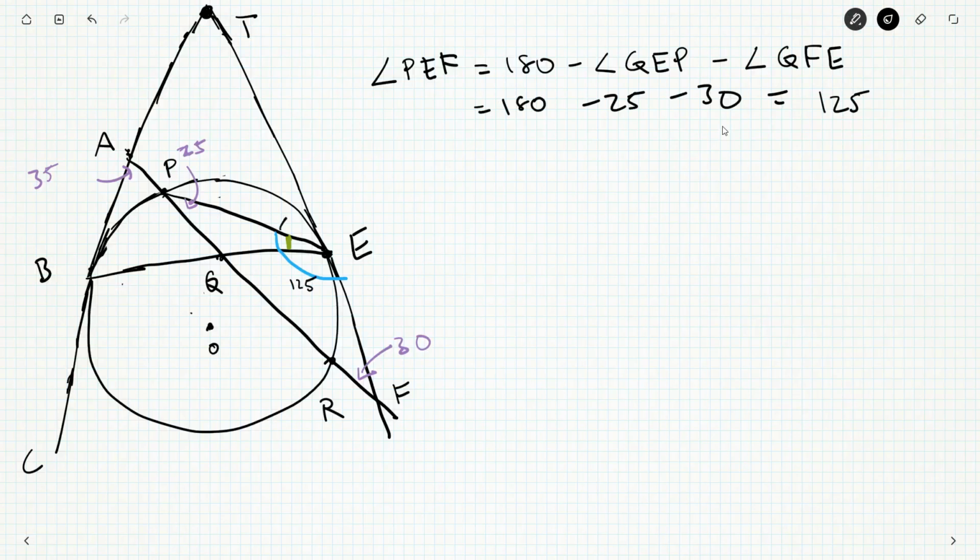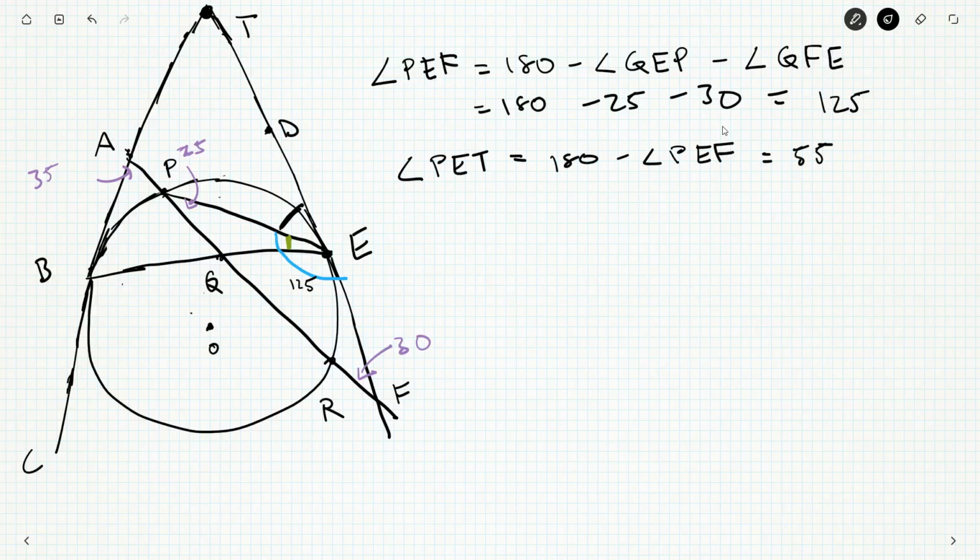And then we've got this angle up here that we can now get because it's from a whole line. Since I have T named, I can now say angle PET is 180 minus angle PEF. I suppose I could have named it from D, but so that's going to be 180 minus 125.